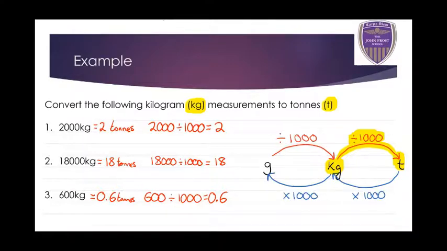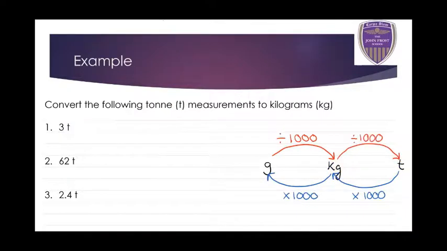Let's have a look at the next set of examples. I want to convert from the following ton measurements into kilograms, okay? So we're going from bigger units to smaller ones now, okay? So if we look at our flow chart, we're starting at tons and we're going smaller, going back to kilograms, okay?